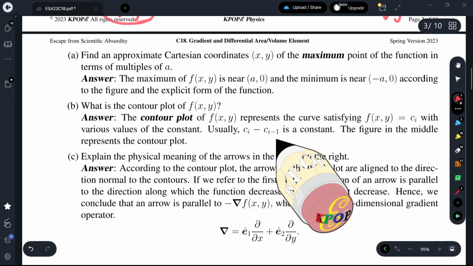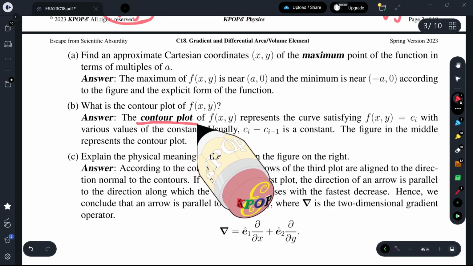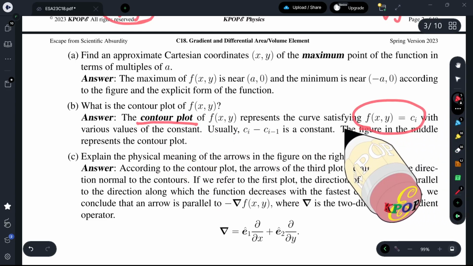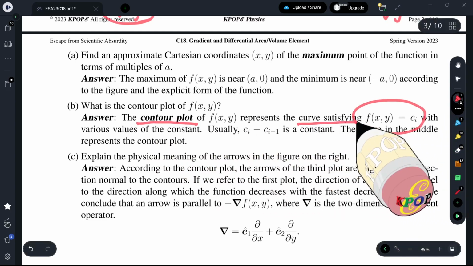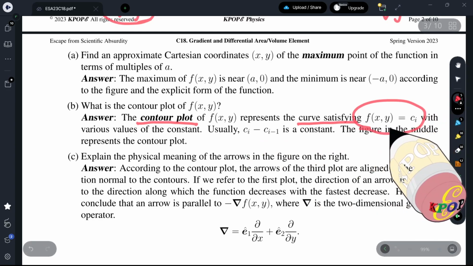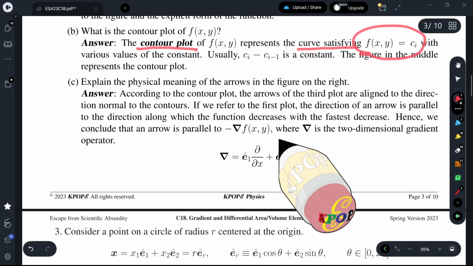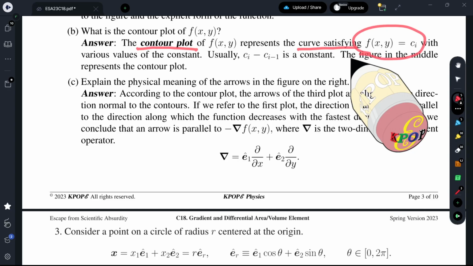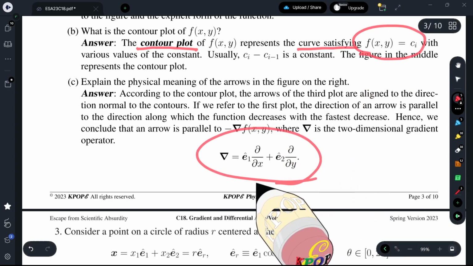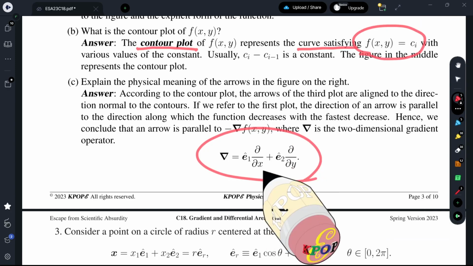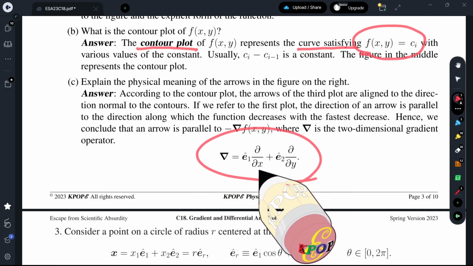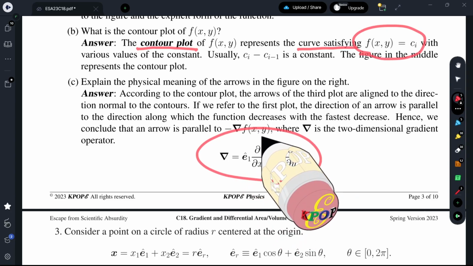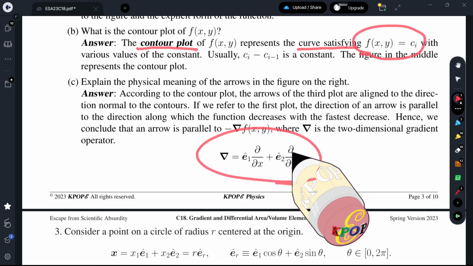These are the answers. A contour plot represents a curve satisfying a constant value of this multivariable function. This multivariable function is assumed to be defined in the two-dimensional Euclidean space because the gradient operator evaluates the slope along a certain direction.